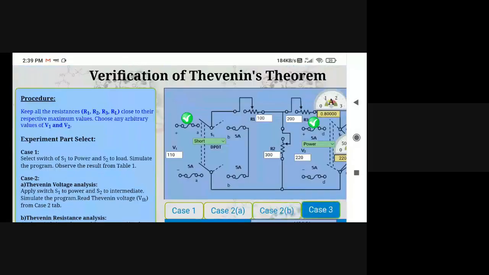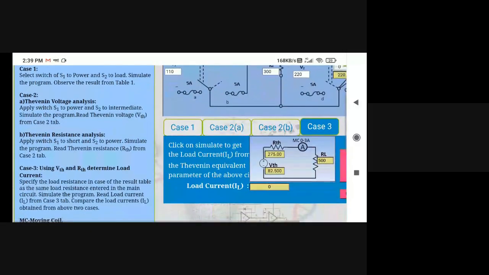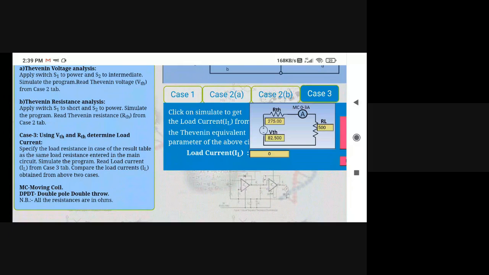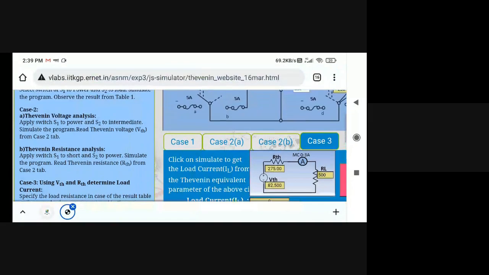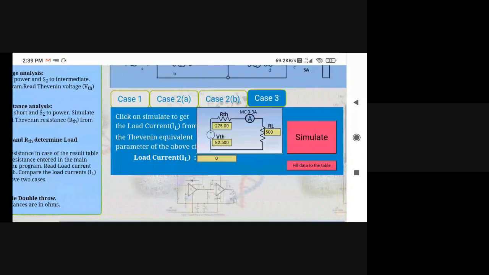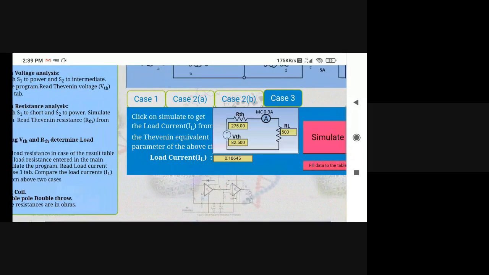And the third step is the Thevenin's equivalent circuit, case 3, placing all these values. This is our Thevenin's equivalent circuit. So the load current you will get is 0.10645 amperes practically.